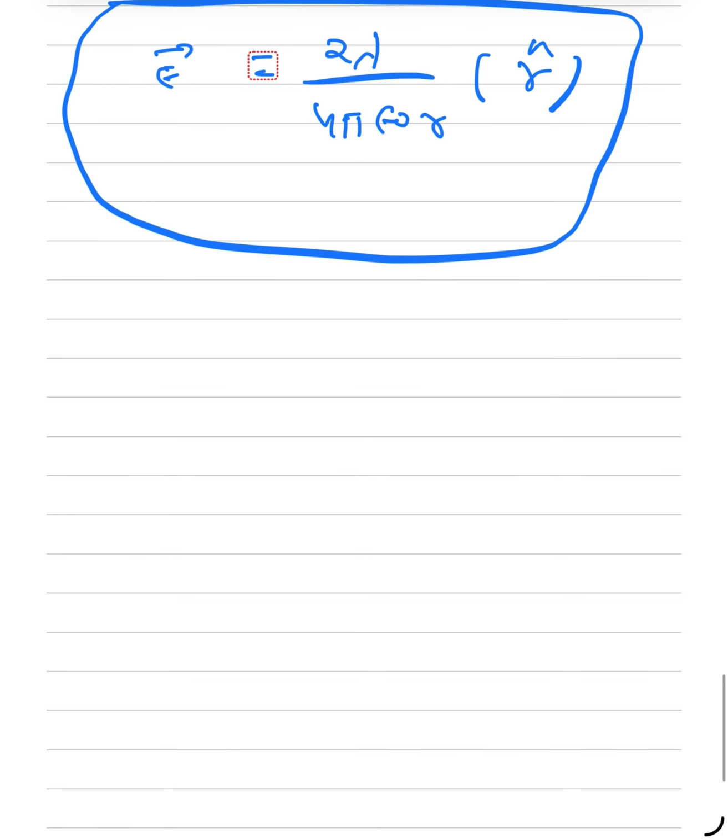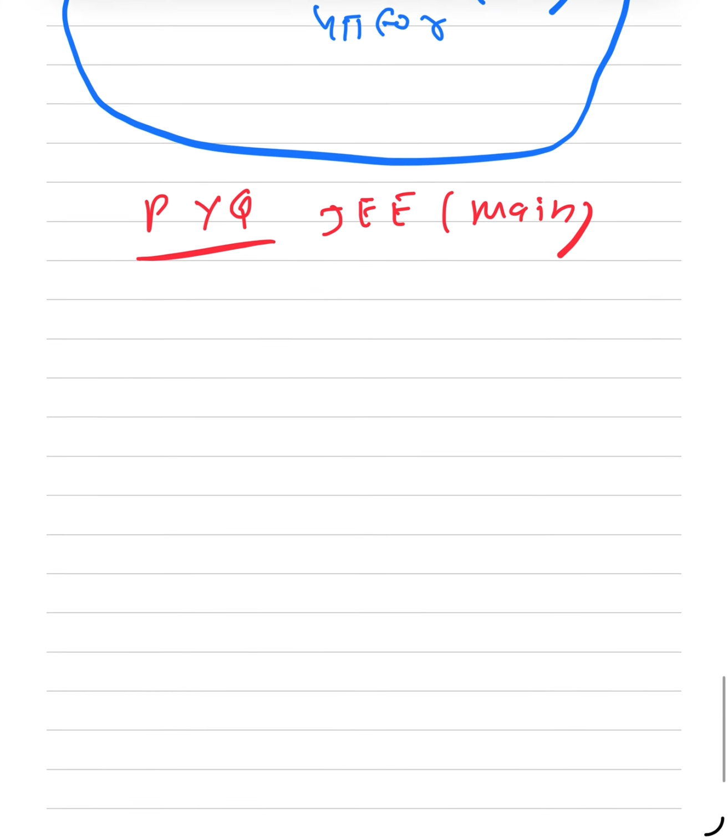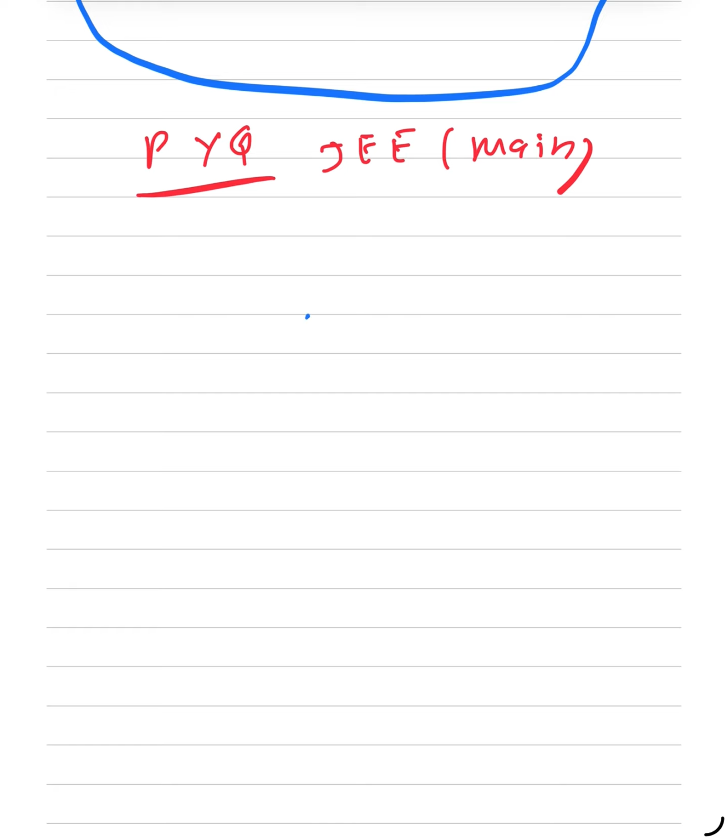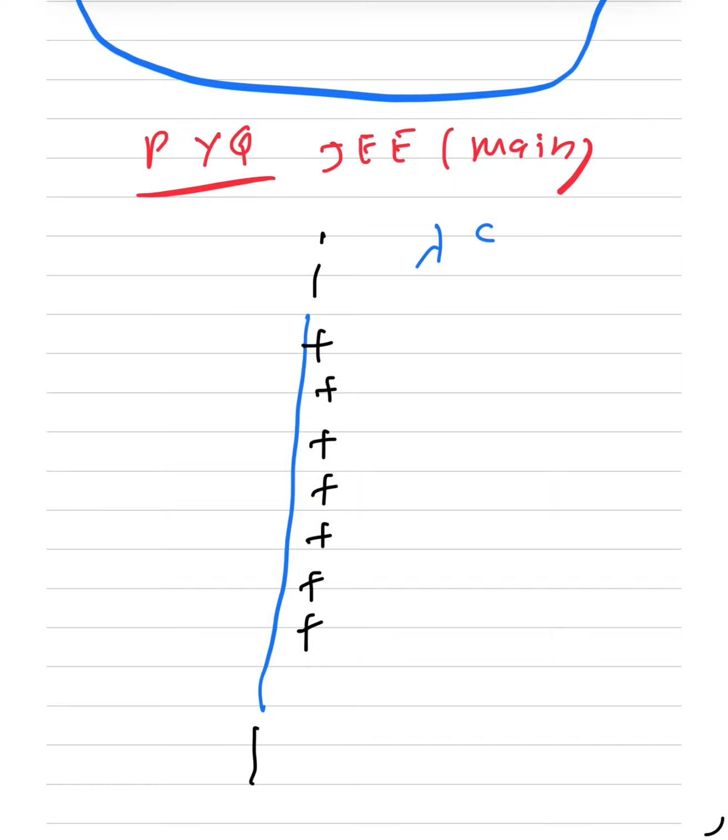And one PYQ problem from the JEE Mains exam. Suppose that this is a uniformly charged infinite rod and charge is distributed like this. Lambda is the linear charge density, coulomb per meter.